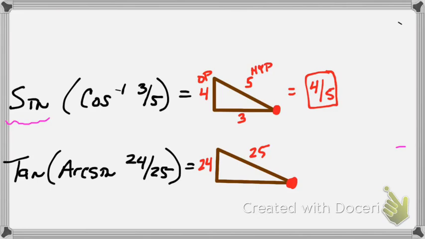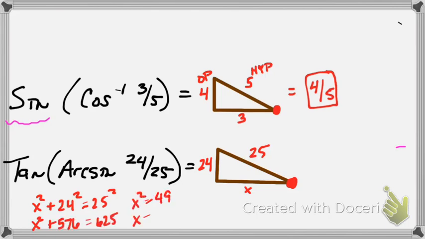Using the Pythagorean theorem, which we all know, you could use your calculator for this part. I get that x is 7. 7, 24, 25 is another type of Pythagorean triple. And so now I want the tangent of the clown nose angle, which is opposite over adjacent, which is 24/7.